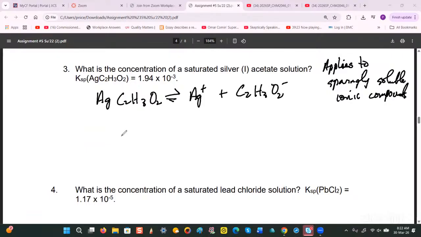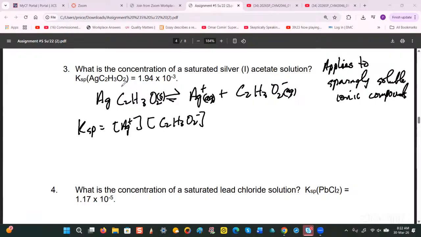And we can write down an equilibrium expression for this, in which case this would be KSP, right? That's the equilibrium constant for this system. And that would be equal to the concentration of Ag plus times the concentration of C2H3O2 minus, right? Now, please note that these ions are in an aqueous solution, and the solid here would be in a solid state, right?